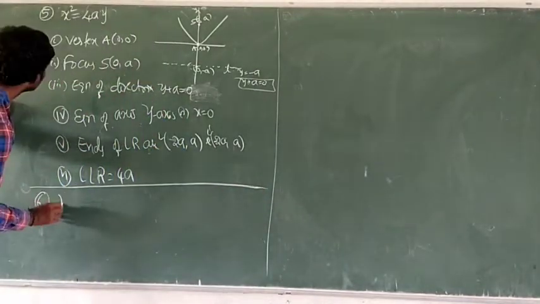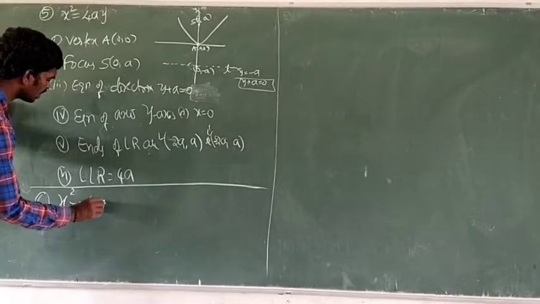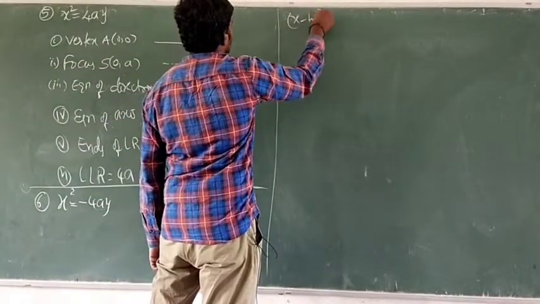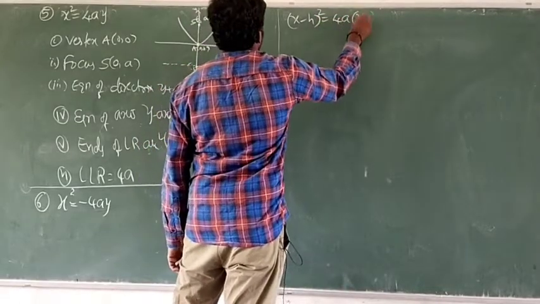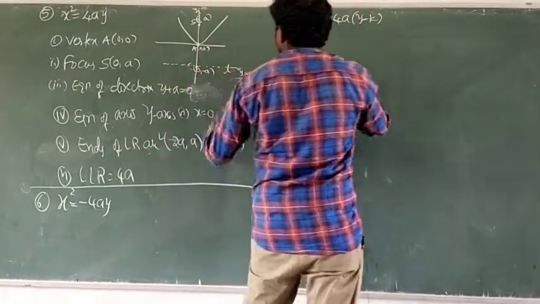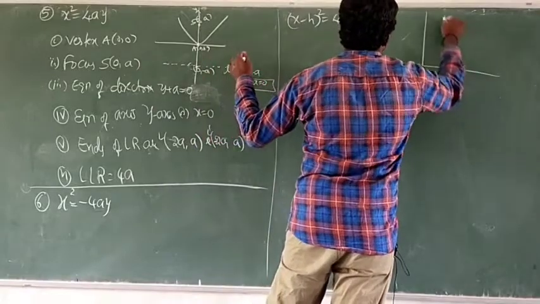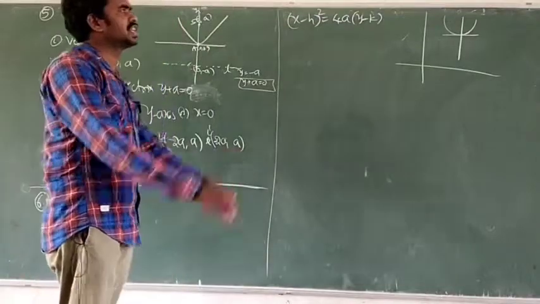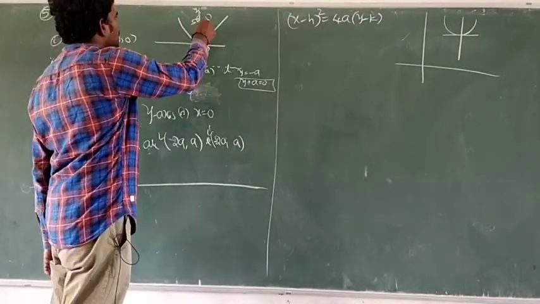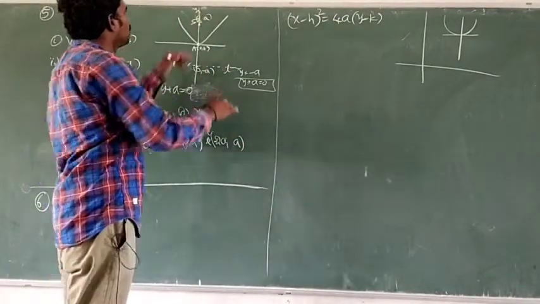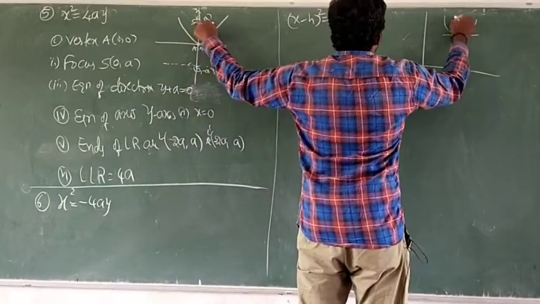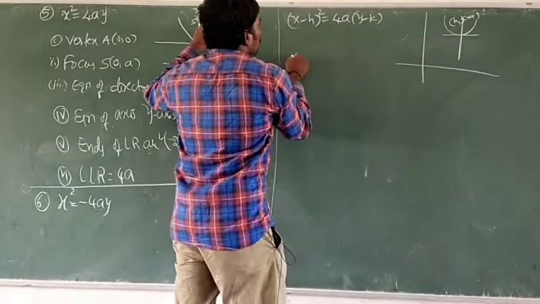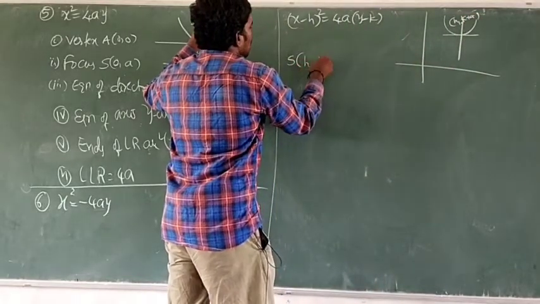Sixth one, of course x square equal to minus 4ay, and next one, x minus h whole square equal to 4a into y minus k. The same diagram, but it is shifted to (h, k). So in each and every term we add h and k. So the focus is h comma k plus a.